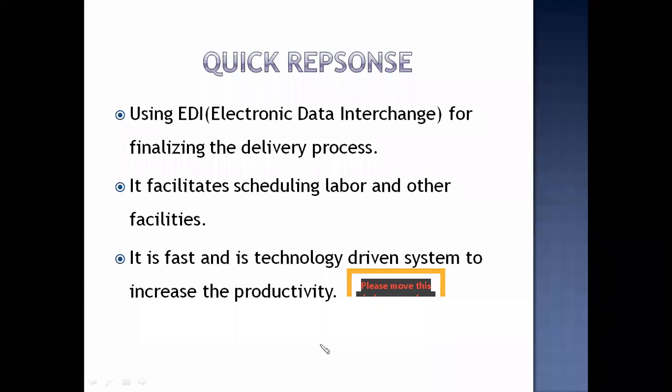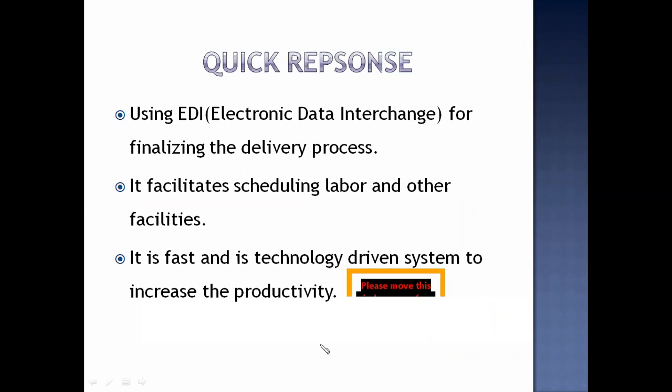So this is basically using technology driven cooperative efforts from both supplier side and the company side to improve the inventory management. So here the main thing we have to remember is that it uses EDI or electronic data interchange.